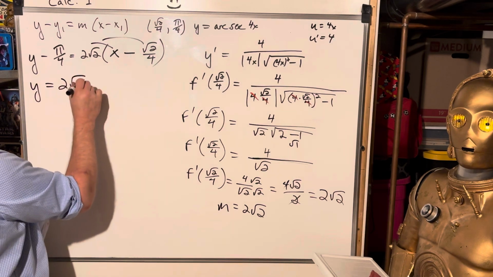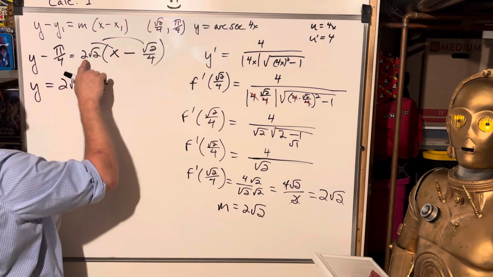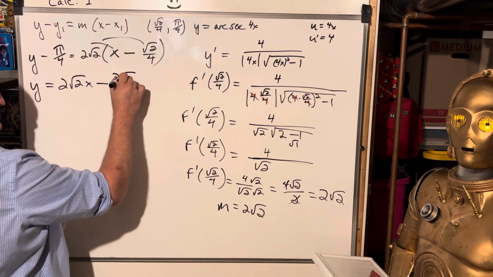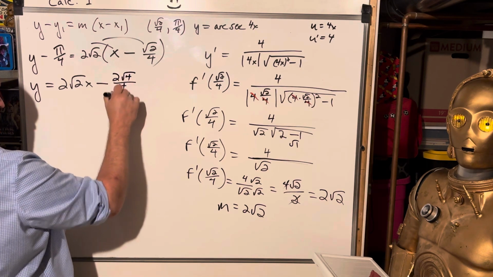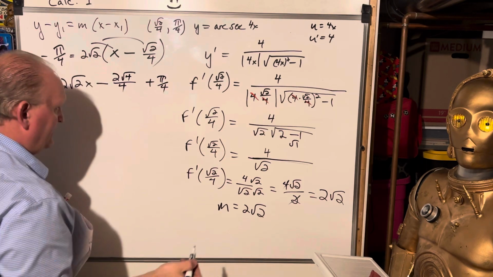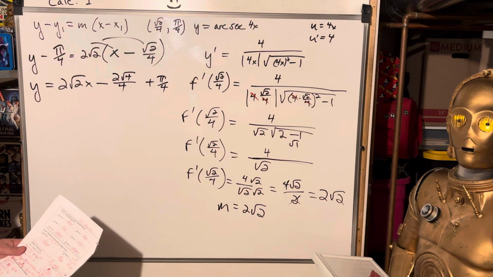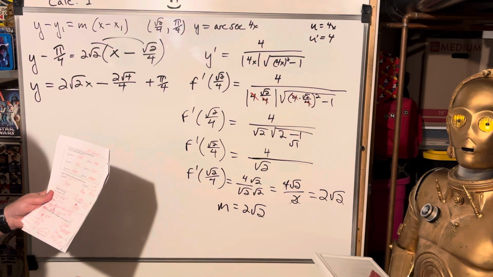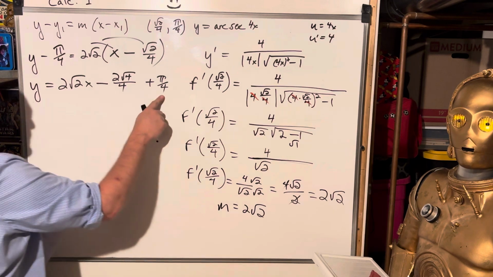So 2 square roots of 2x minus, I multiply those, right? I get 2 square roots of 4 over 4. And then I'm adding pi over 4 to that. So let's not reduce that down to 1 because I want to write this all as one thing.